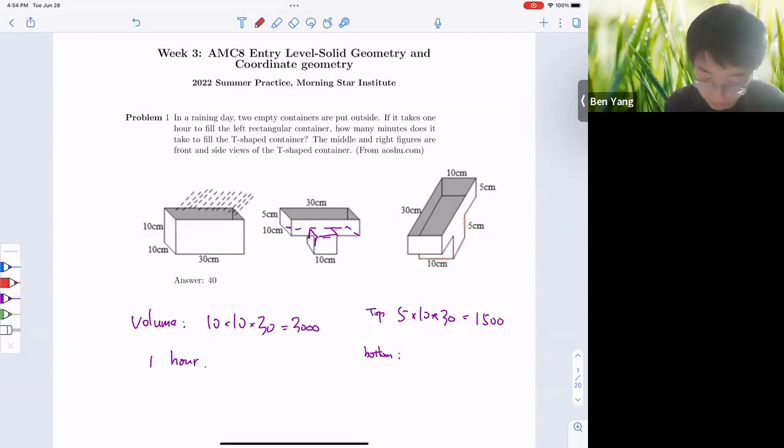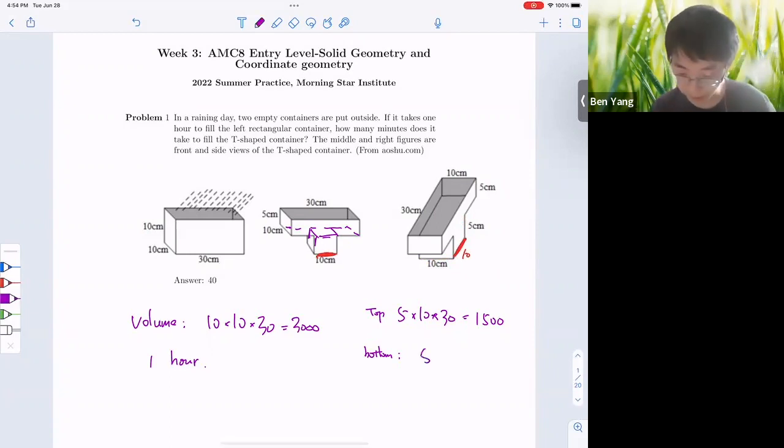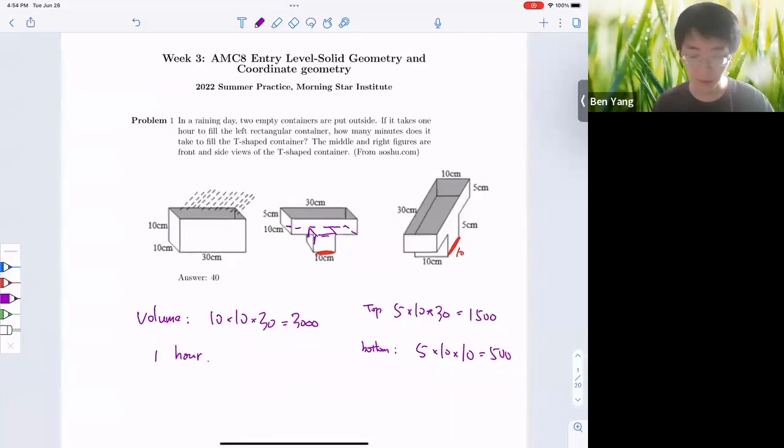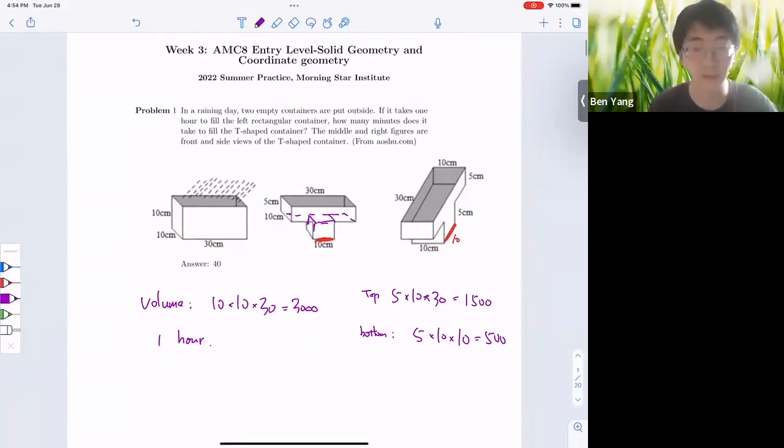So you see the 10 here, that's exactly the part that we're missing. Cool, so for the bottom, the volume is 5 times 10 times 10. And that's 500. Cool, so now we take the sum, and that's the volume of the T-shaped container. 1,500 plus 500, so that's 2,000.